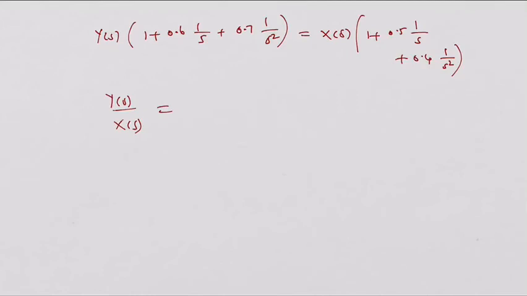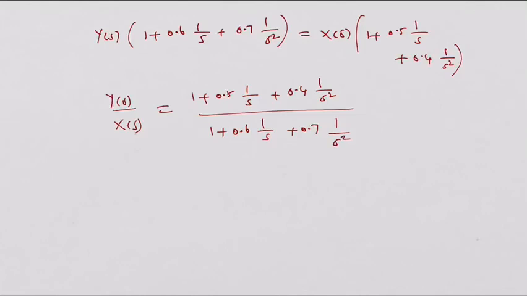So what is the numerator? It will be 1 plus 0.5 times 1 by s plus 0.4 times 1 by s squared, divided by the denominator, which will be 1 plus 0.6 by s plus 0.7 by s squared, right? Let us introduce a new term so that this Y of s by X of s can be written with W of s.